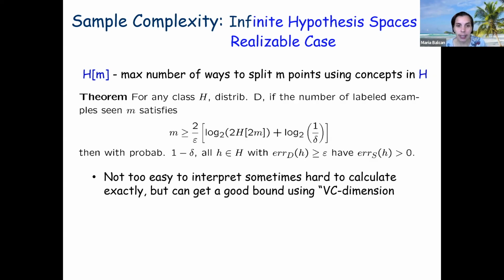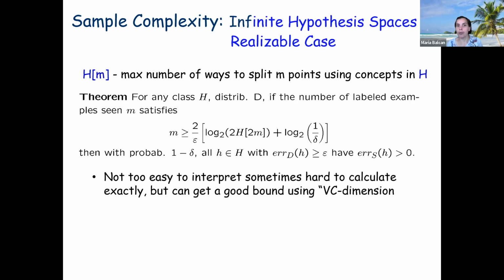But the issue is that in this form, the bound itself is still not very easy to use. Why? Because it's not easy to interpret, and sometimes it's hard to calculate exactly, because both sides of the inequality depend on m. Here I'm saying that if m is at least 1 over epsilon times log of H of 2m, roughly speaking, then some good event happens with high probability.